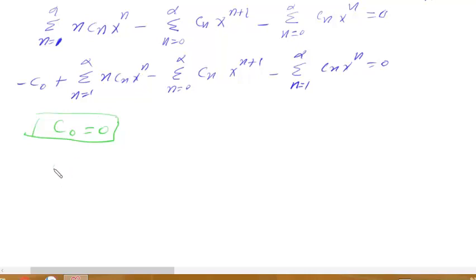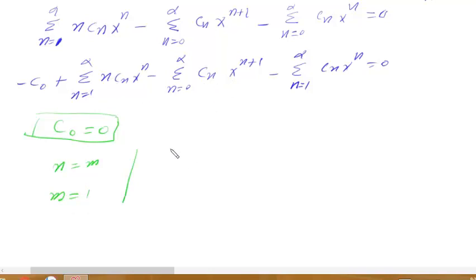Here n is equal to m, and the limit of m also starts from 1. This is for this sum.